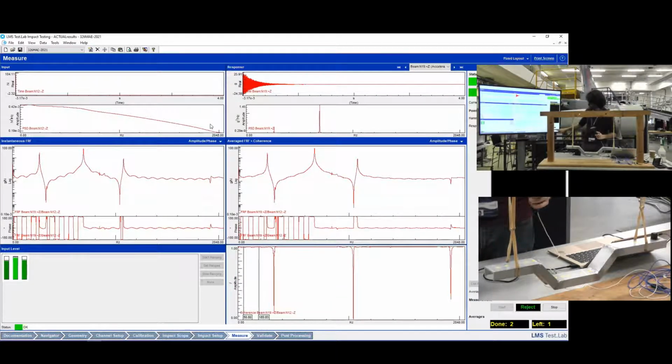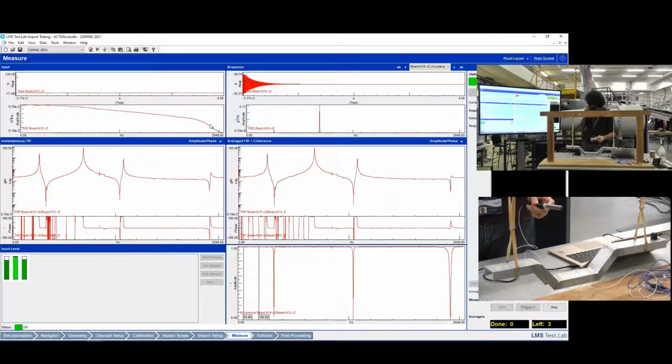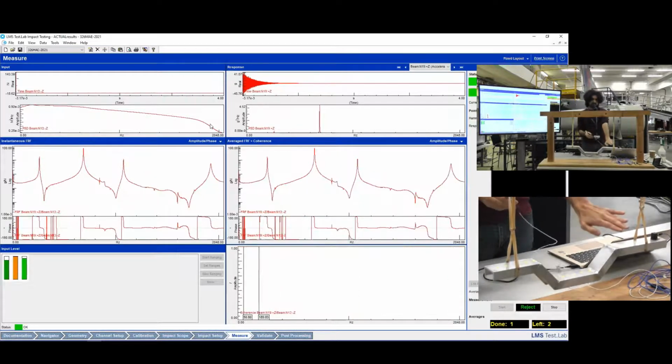We're doing 0.12 last average, last strike for the average. And then 0.13. Now as I move closer and closer to the accelerometer, I'm making my strikes a bit softer because I don't want to overload the accelerometer channel. When I was here at 0.1, I could strike harder because the energy would get transmitted along the beam and we'll lose some of the energy along the beam.